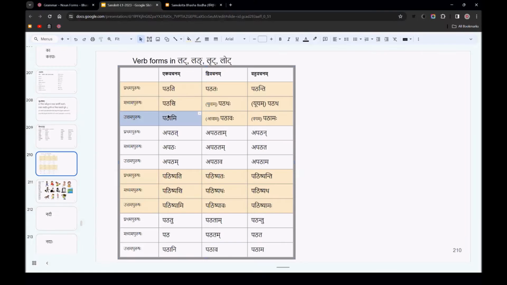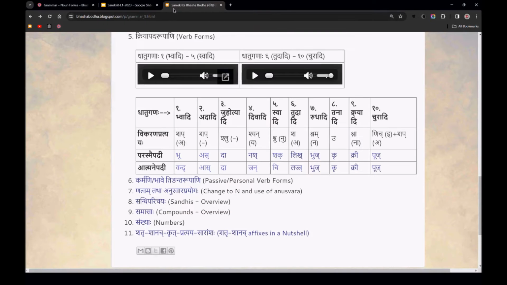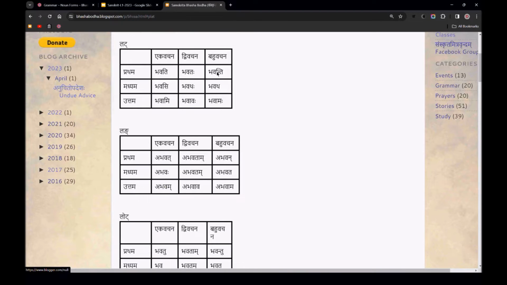You can see that table, right? Patati becomes pathanti in the Bahuvachana. If there are many people doing the action, then you have to use the Bahuvachana form of the verb, pathanti. Again, for the Bahuvachana form, present tense, you can refer to the tables here, bhavanti.